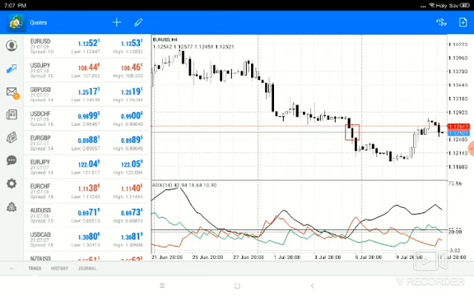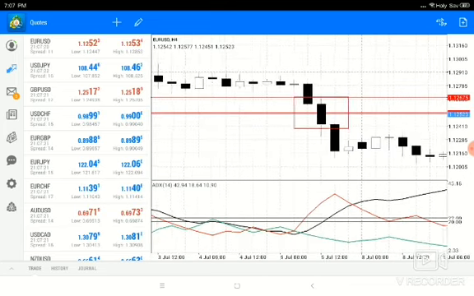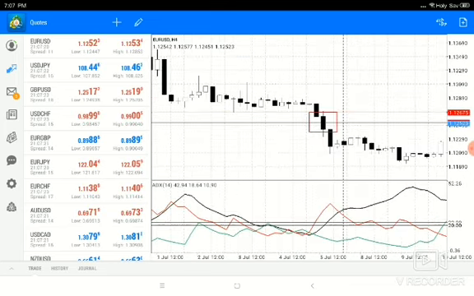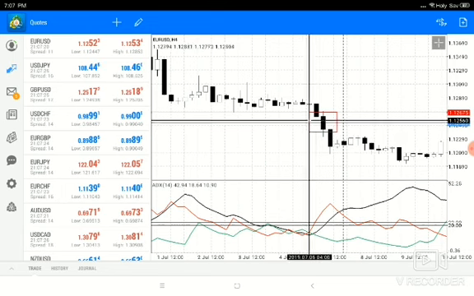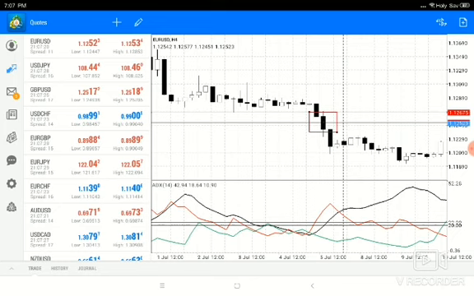There are several boxes, so I'll try and plot one box. Now as you can see, I've drawn a box, out of the several. Okay, let me make it small so you understand.